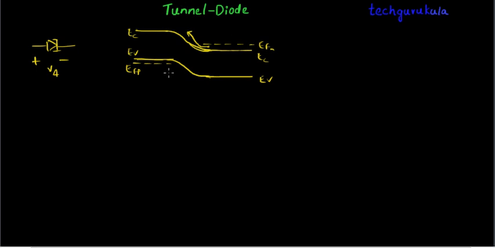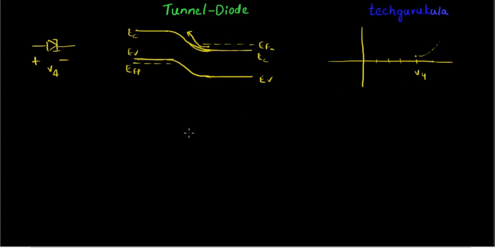Looking at the characteristics now, we have crossed V1, V2, V3, and at V4 the current is very low, just after crossing. If you go on increasing the voltage, it starts increasing just like a diode characteristic.